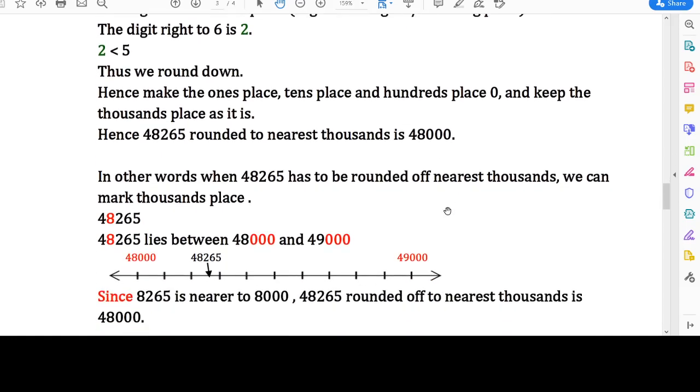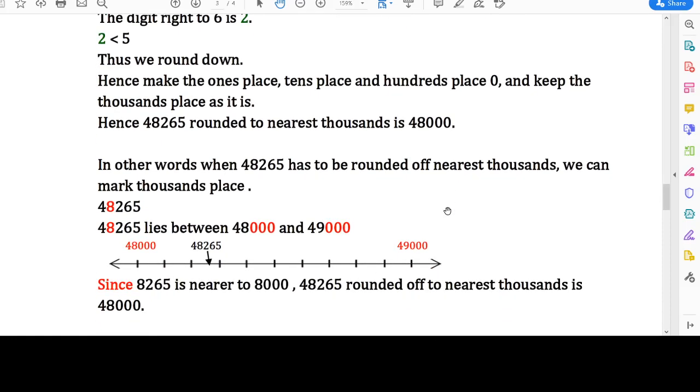In other words, we will also understand it diagrammatically. When we have to round off this number to nearest thousands, we will first mark the thousands place. So I have marked 8 with red color. Now, since it is in the thousands place, 8,265 lies between 8,000 and 9,000. We will take multiples of 1,000 here.